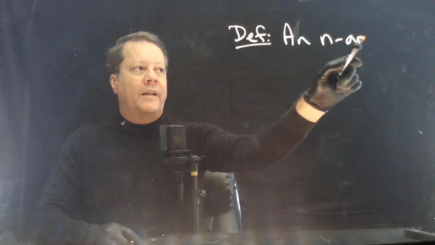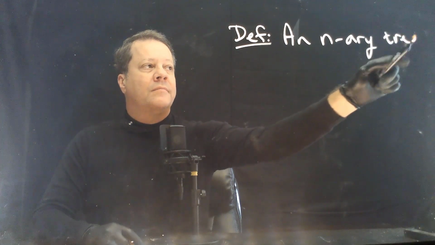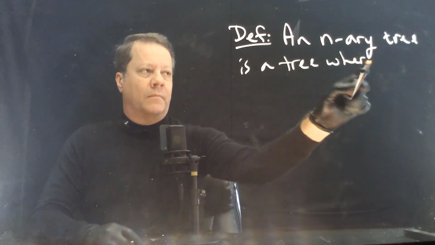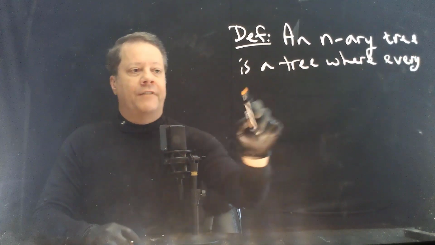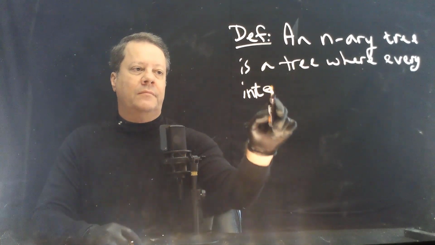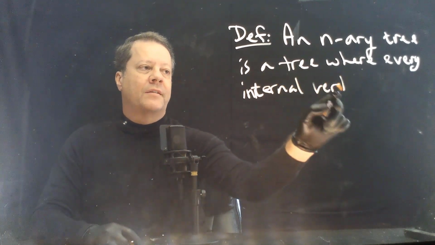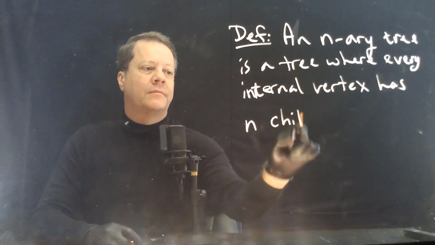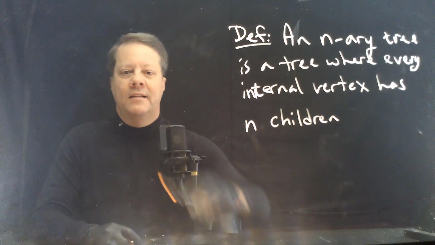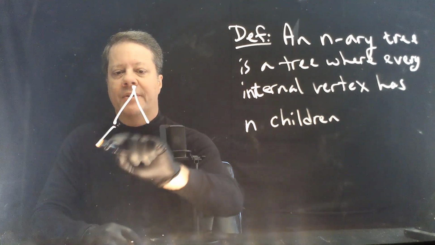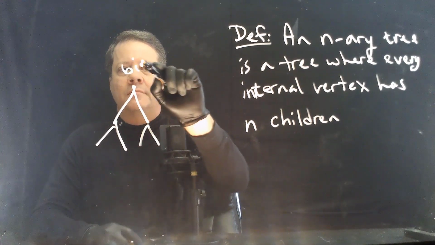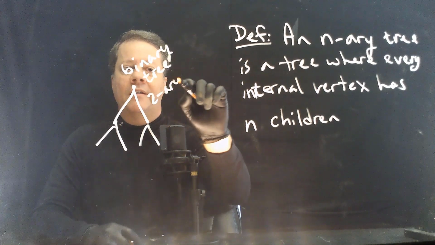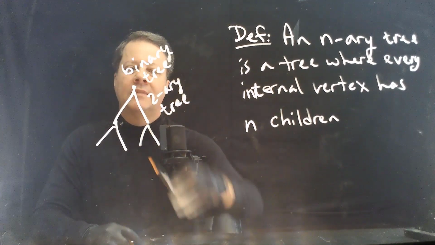An m-ary tree is a tree where every internal vertex has m children. So you can have a binary tree, we can call it a two-ary tree as well.